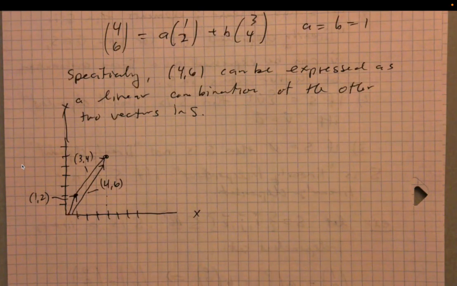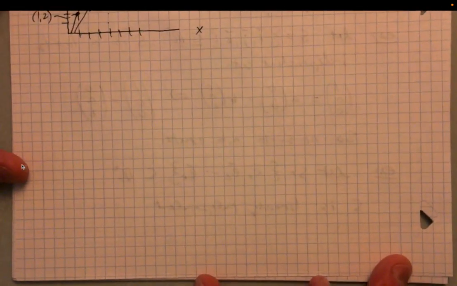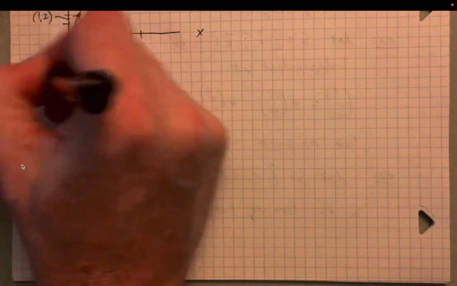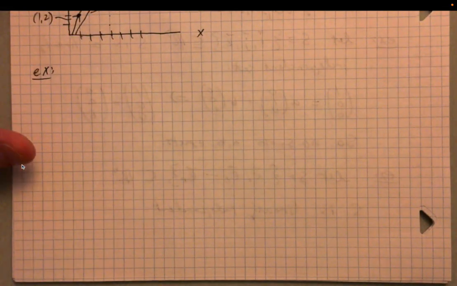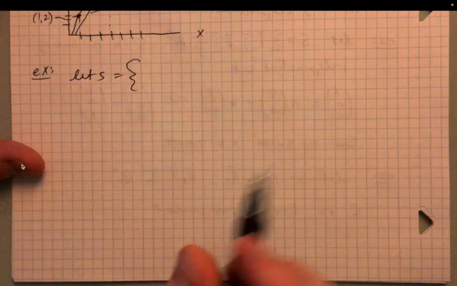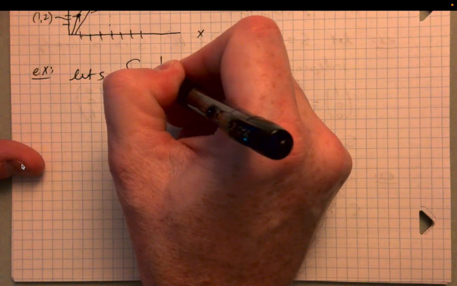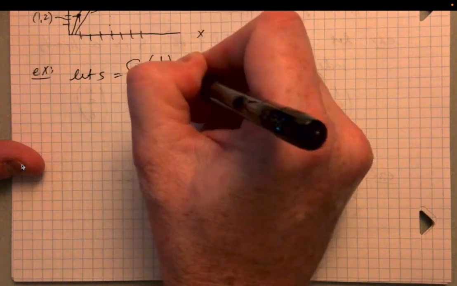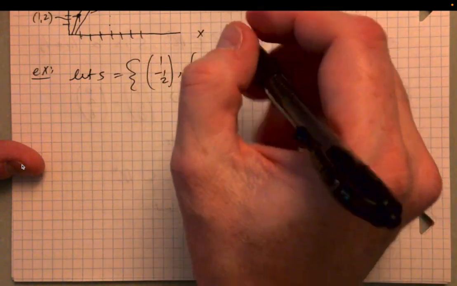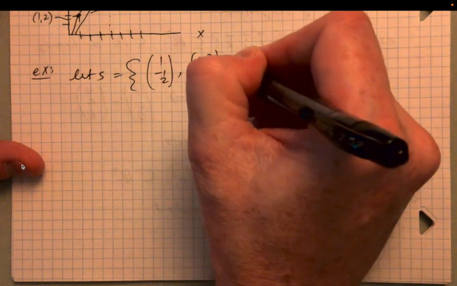Okay, let's take a look at another example. Let S equal (1, -1, 2) and (-3, 3, -6).